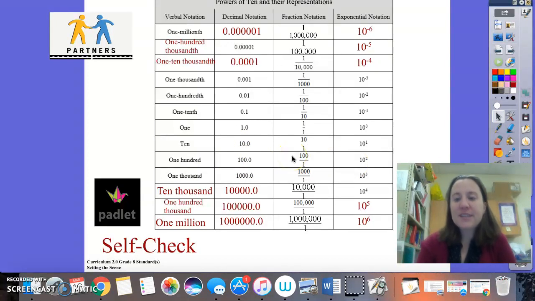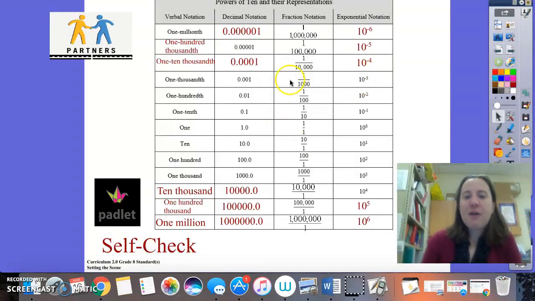And that pattern kind of continues for all of the positive numbers. It doesn't look quite the same for the negative numbers, so you may have noticed that already as one of your notices or wonders, that this 10 to the negative third power didn't have 3 zeros, but it did have 3 places past the decimal point.